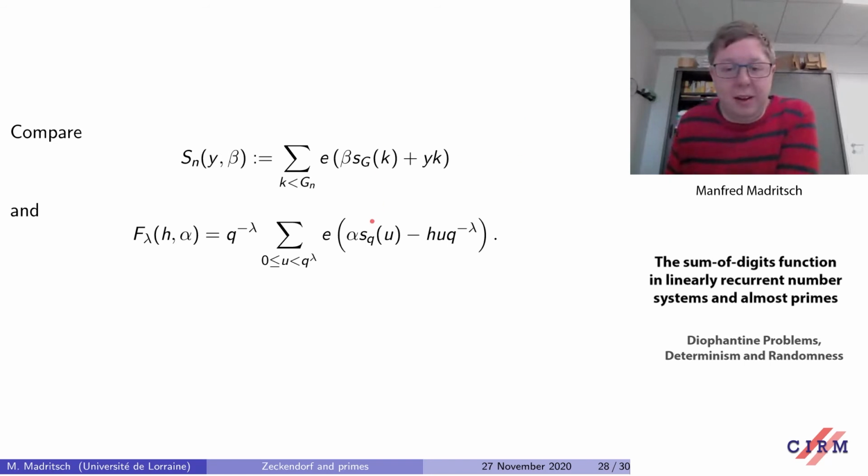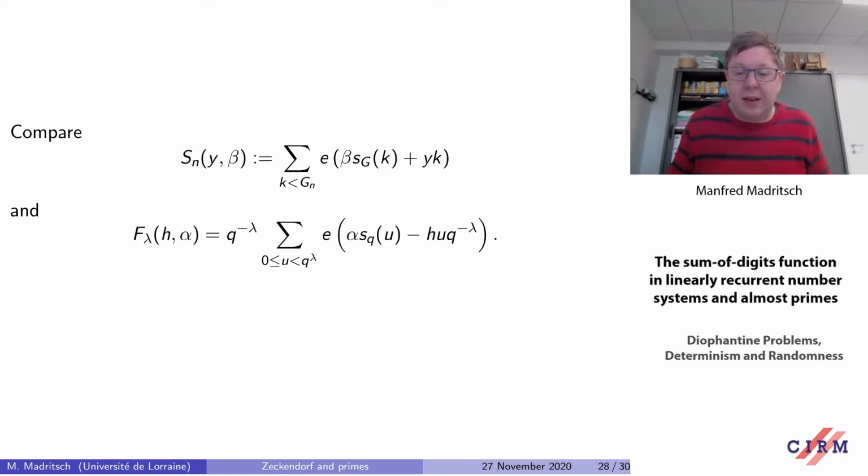So you have here the sum of digits function, and we have here also the sum of digits function. Then here we have the argument, and here again we have the argument, and so they are very similar. And then it also says that if you can show this L1 and L2 norm for this Sn, then perhaps you can also successfully attack the distribution of primes in residue classes.